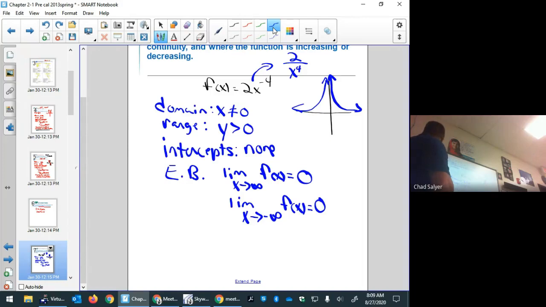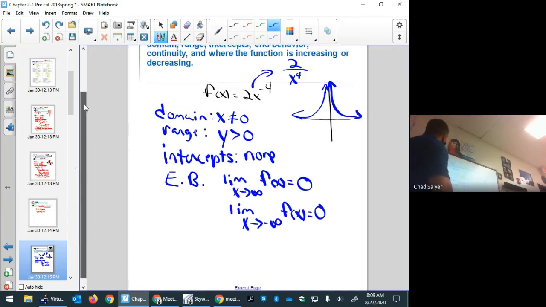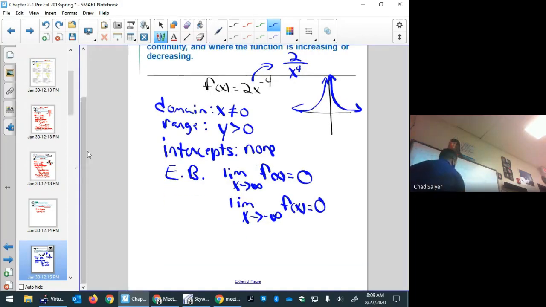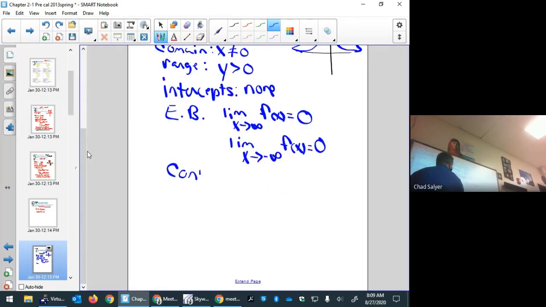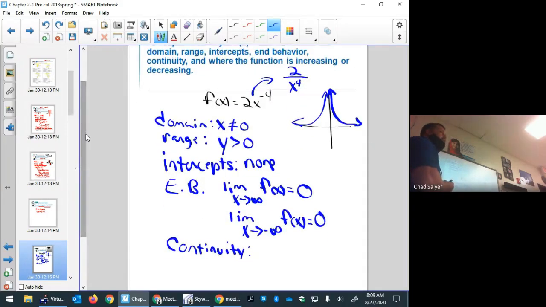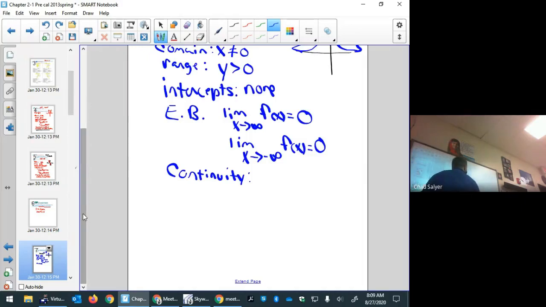All right. Next is continuity. So look at this. Can I graph this without picking my pencil up? No, it is discontinuous. So it has an infinite type discontinuity, which I'll abbreviate here, at x equals 0.